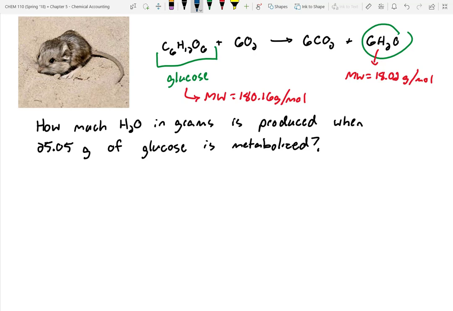All right, let's do this really quick. So just like before, we always start out with what we know. We know we've got 25.05 grams of glucose, C6H12O6. We want to get rid of the grams, so I'm going to put grams of C6H12O6 on the bottom, and we need to go to moles.